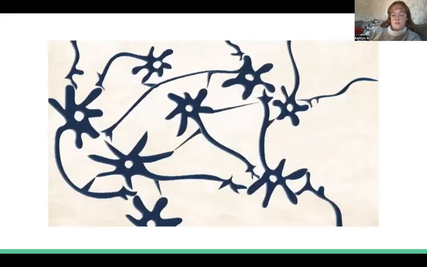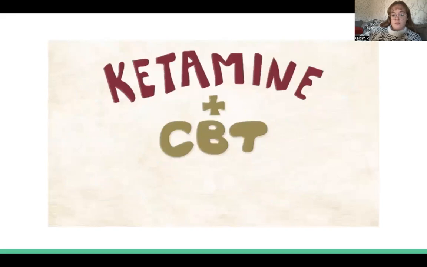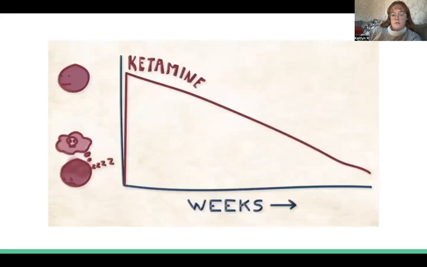When combined with other treatments like cognitive behavioral therapy, this could allow some patients to rapidly develop new pathways that help them to better regulate their emotions. Studies have shown that more than half of patients respond to ketamine, even when SSRIs don't work. Due to its immediate and lasting action, ketamine is poised to become an invaluable tool for treating depression.